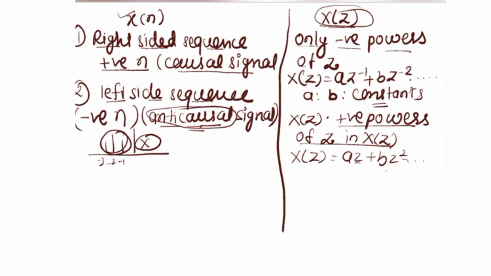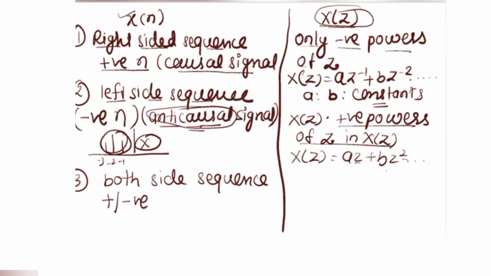Now the third case is when our signal is a both side sequence, meaning it exists for positive as well as negative values of n, or we can say it is a non-causal signal.